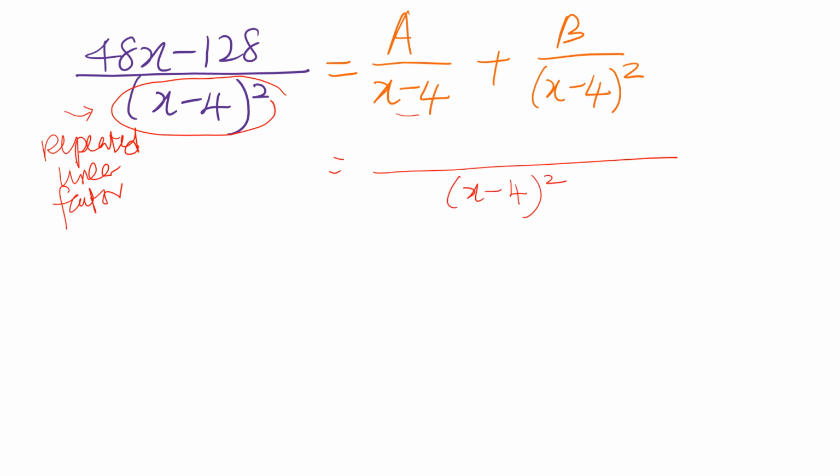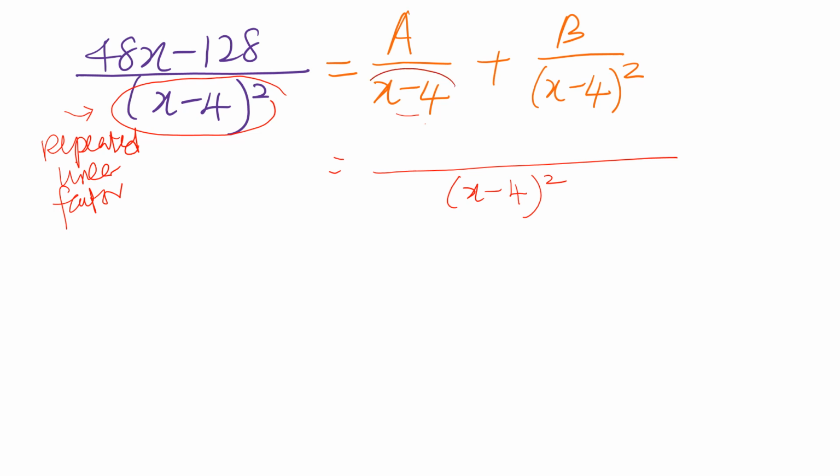In this case here, our lowest common multiple is bracket x minus 4 squared. Please do not put it as x minus 4 to the power of 3 because x minus 4 is already embedded in your x minus 4 to the power of 2. So you don't need to multiply x minus 4 with x minus 4 to the power of 2.